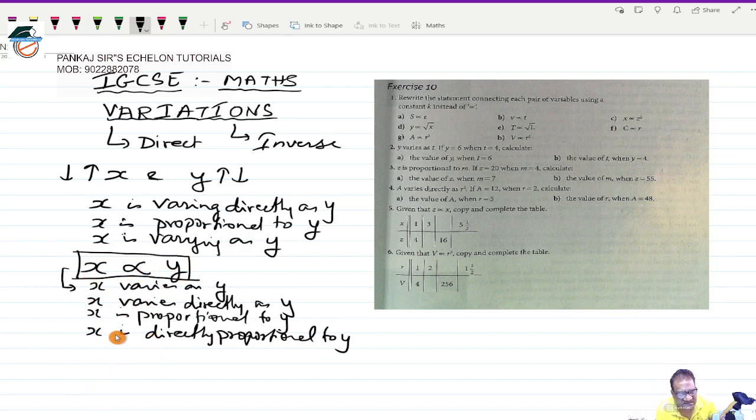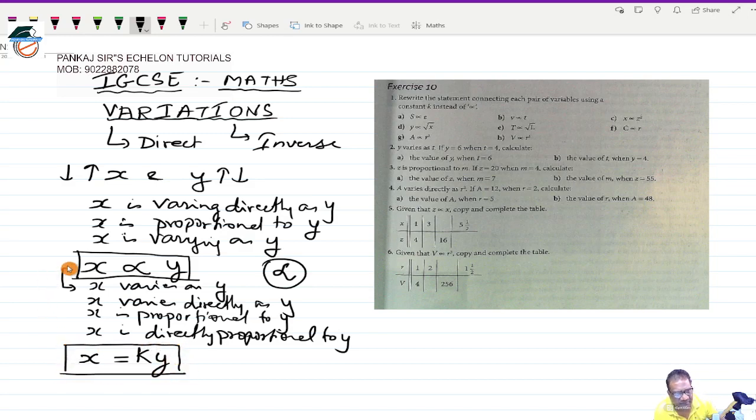Second thing, this is known as the proportionality sign. Now if you want to remove this proportionality sign and replace it with an equal to sign, you can always do that, but in that case you'll have to multiply the other side quantity by a constant k. So I'll multiply this y with k, and I'll get x equal to ky. This is nothing but the same thing.